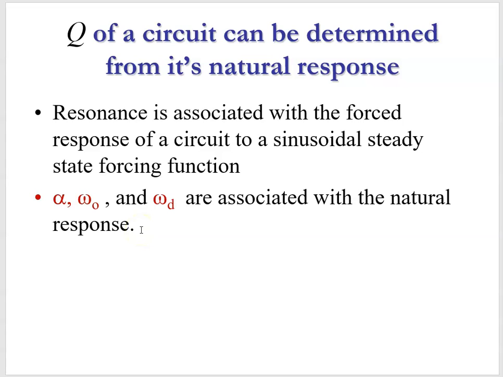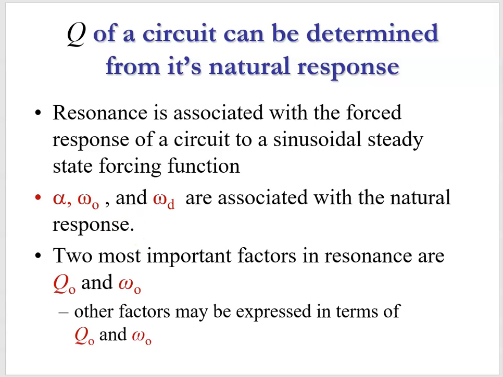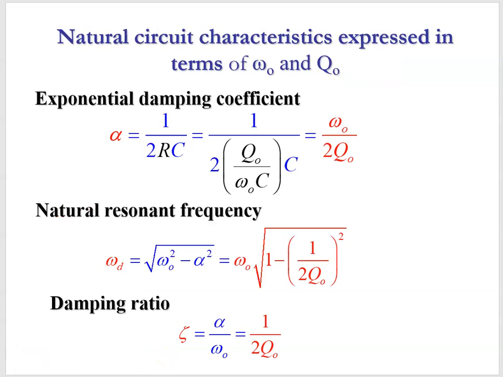And we've looked at being able to determine whether we have an underdamped, overdamped, or critically damped response. Well, resonance is an underdamped response. So the two most important factors of resonance, however, are the quality factor and the resonant frequency. So these other factors, alpha and omega d, for example, we want to express them in terms of the quality factor and the resonant frequency.